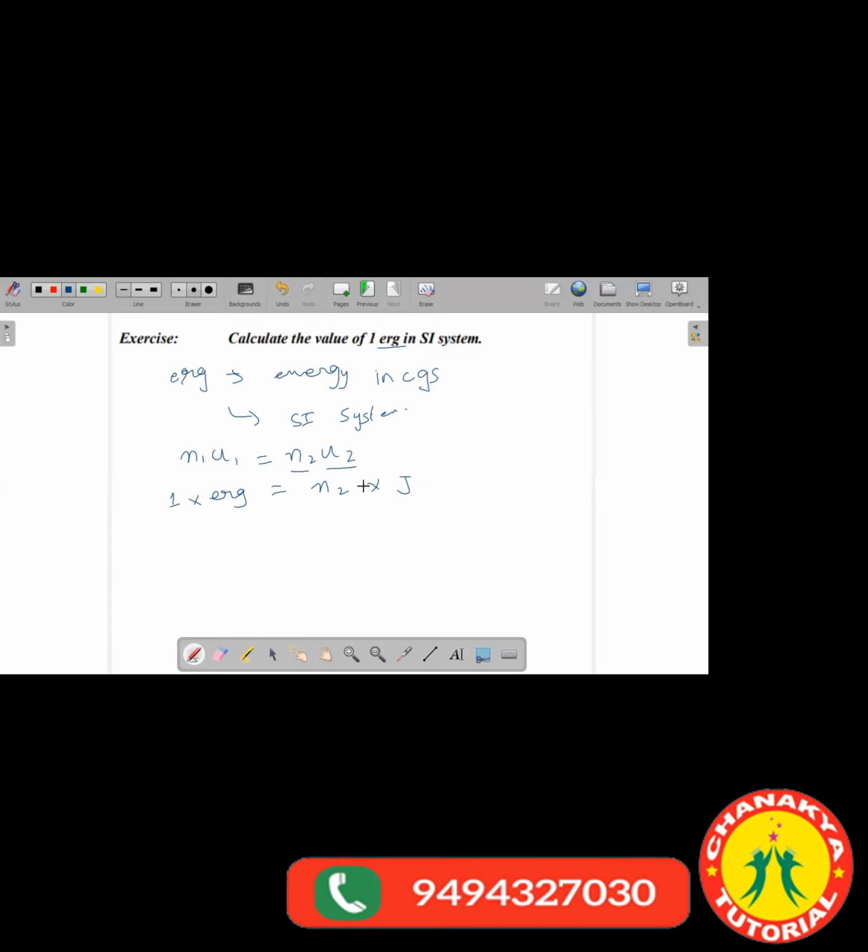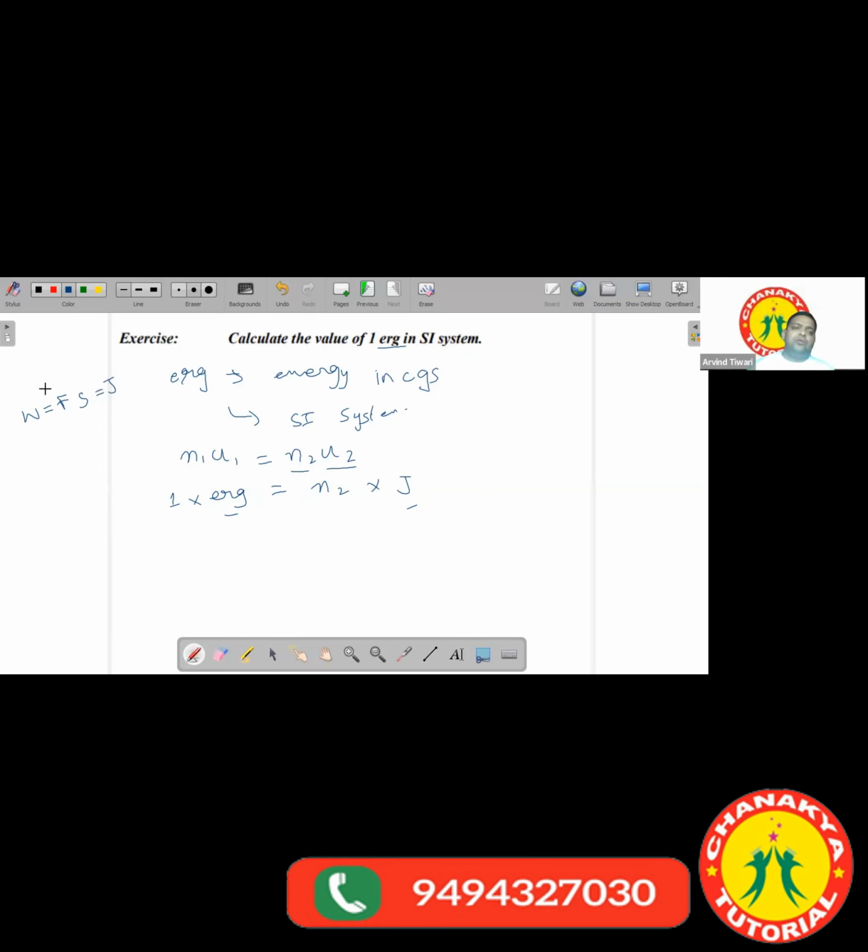Now for that, I want to expand erg and Joule. To expand this, we know the formula of work done. Work done is given by force multiplied by displacement, and this is the unit Joule. Isn't it equal to Joule? Yes, sir.